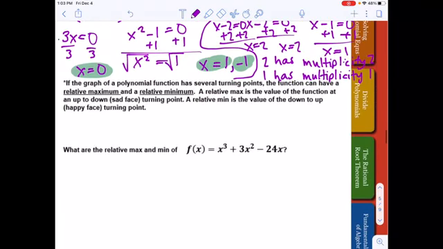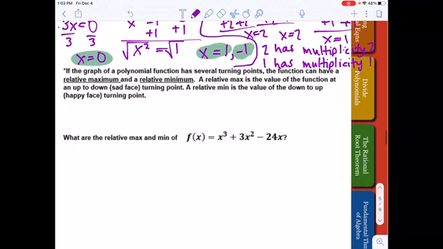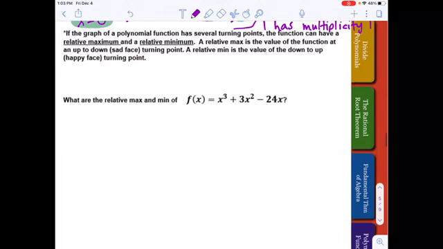All right? Then we also know if the graph of a polynomial function has several turning points, the function can have a relative maximum or a relative minimum. A relative max is the value of the function at an up to down sad face. So if we had a graph that looked like this, oopsie.